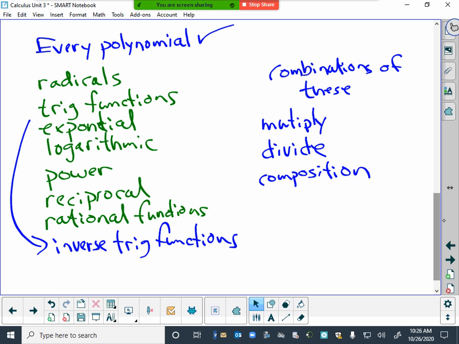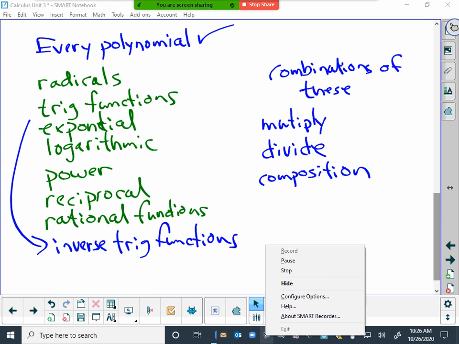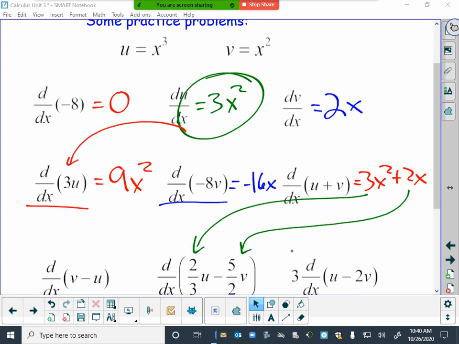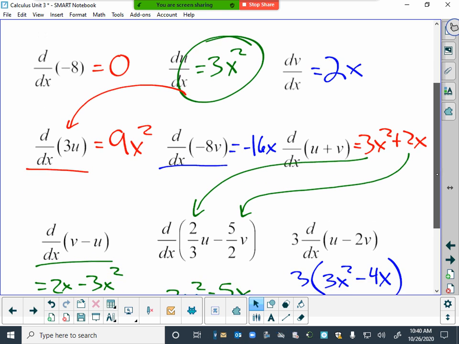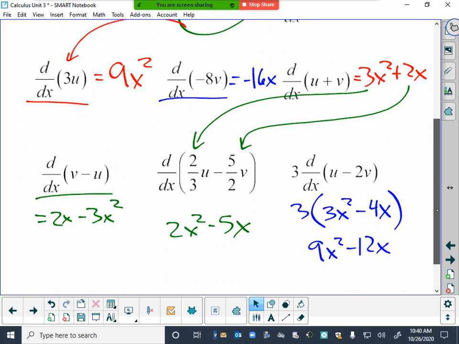Okay, and they're fairly strange, but the promise is that if you stick with us, by the time we get to the end of chapter 3, you will be able to take the derivative of absolutely any function. It's a nice part about calculus here. And I'll just scroll down that screen for posterity's sake, so we can see what those look like.